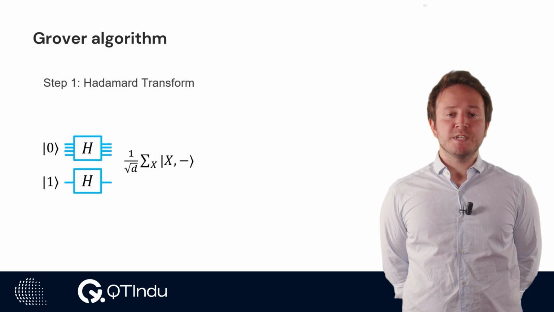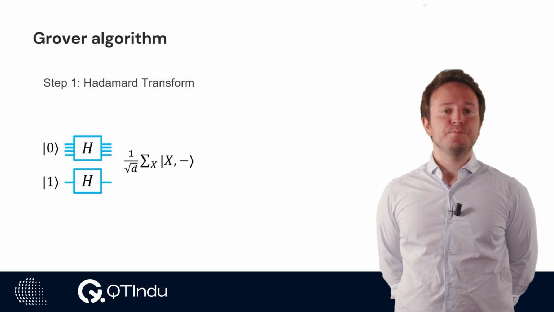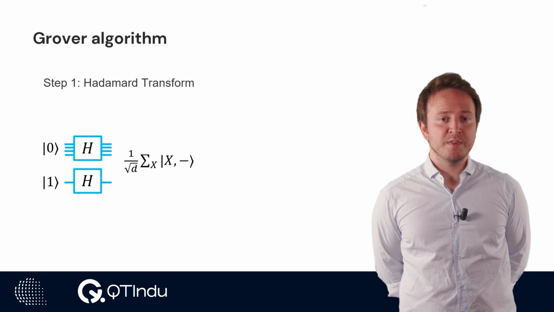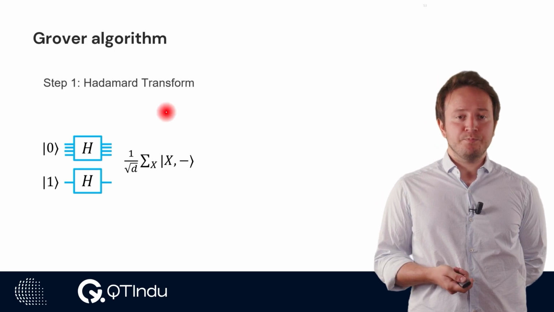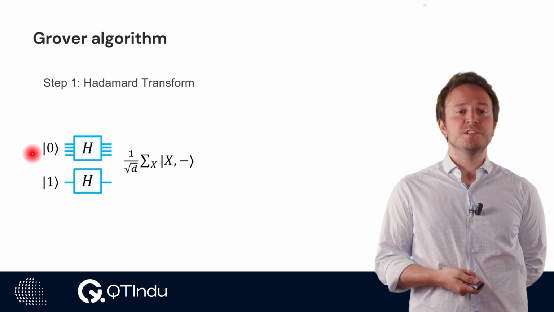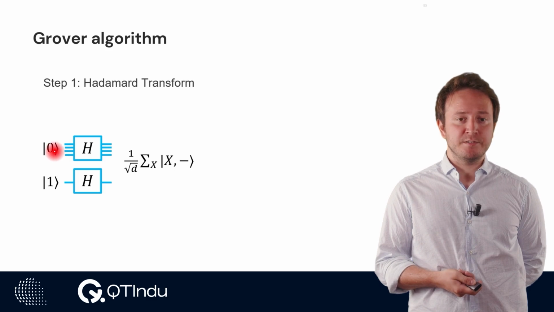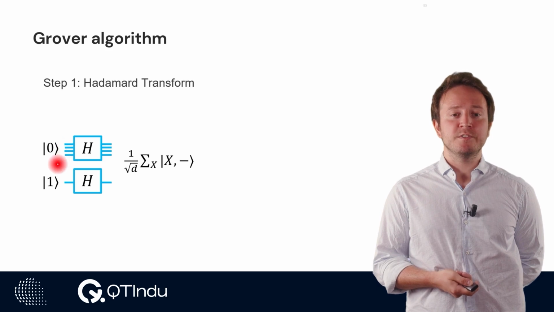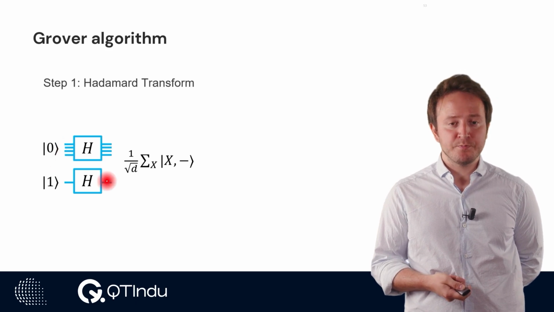Now, let's see step by step what this circuit does. The first step is a rather common step at this point. We Hadamard transform the qubit register, which is initialized in the state 0. Once again, this is the decimal state 0, so all the n qubits in the register are initialized in 0.